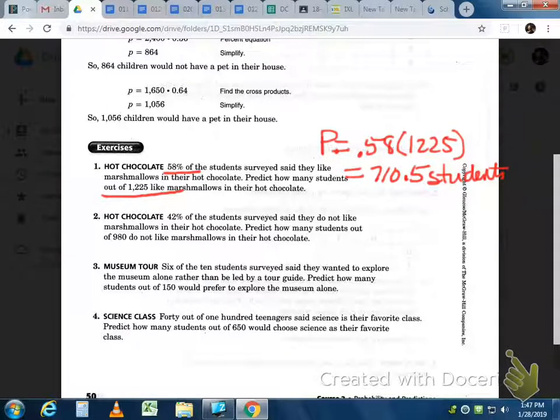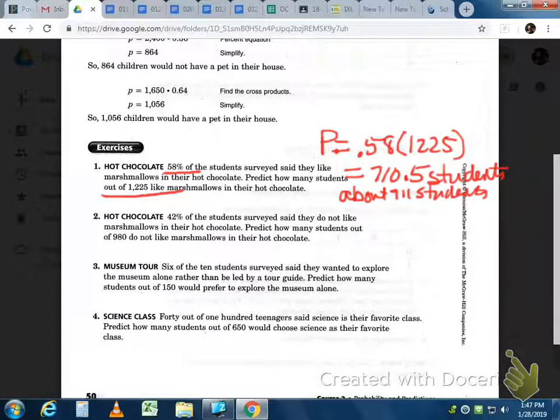So you're going to end up multiplying that percentage, changing it to a decimal, times the number of students. It looks like they want us to round off. 710.5, would that round to 710 or 711? Yep, so we're going to say about 711 students.